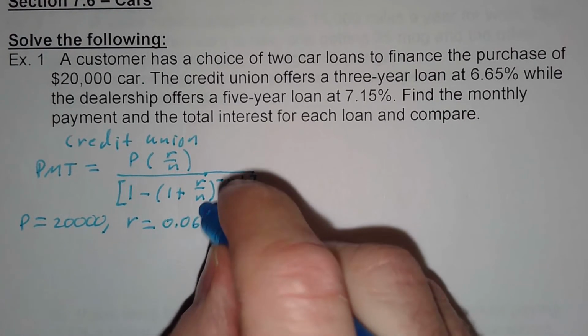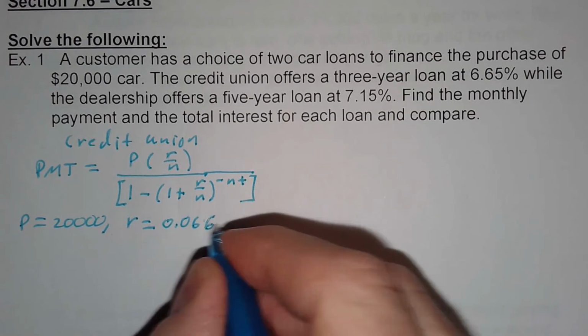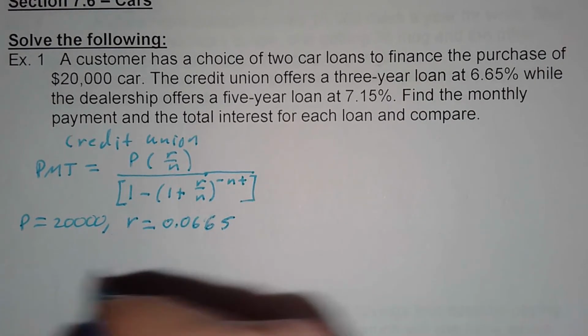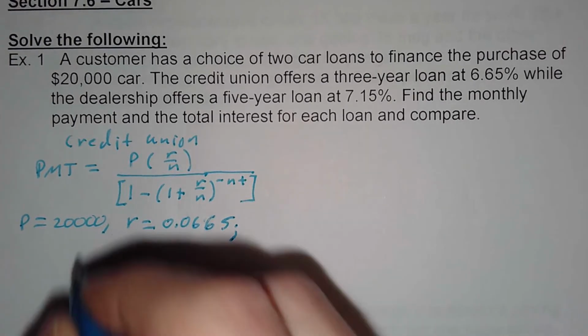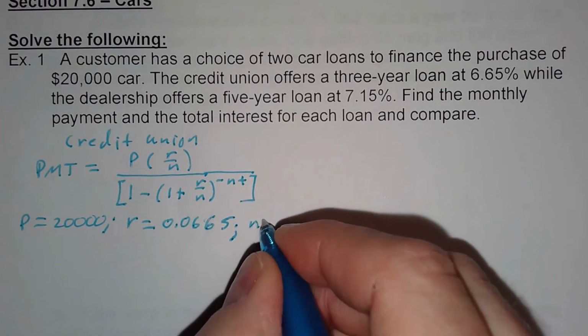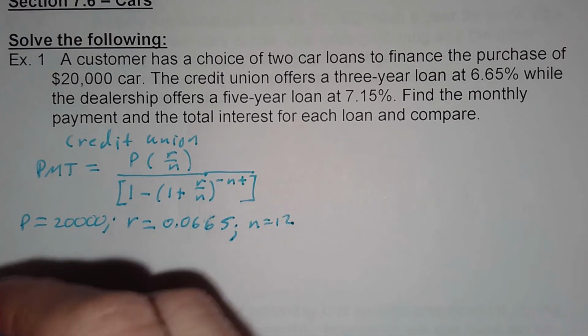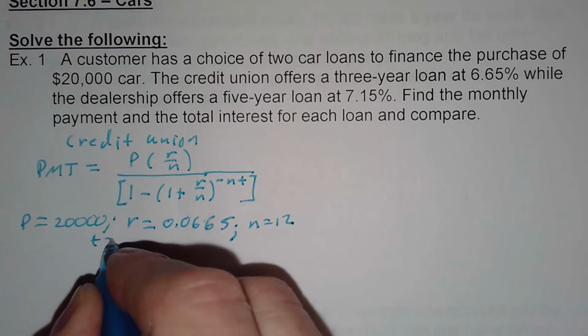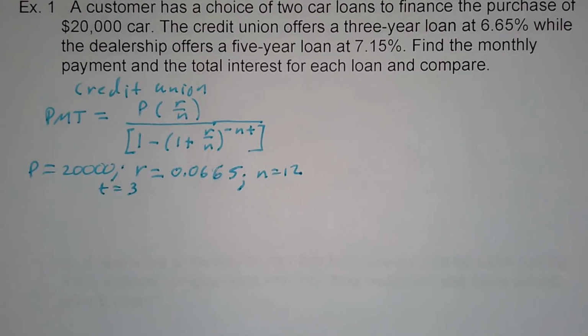Let me try that again, 0.0665. And here, we're doing it monthly, so N would be 12. And it's a 3-year loan, so T would be 3. So we're going to plug all those into that formula.